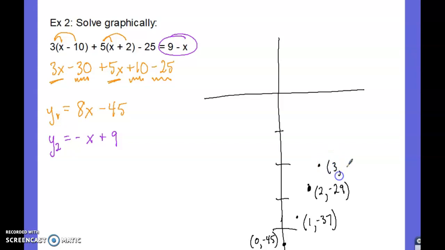So up 8 over 1. Up 8 over 1. Adding 8 to that is negative 13. Up 8 over 1. Negative 5. Adding 8 to that puts me at 3. I really hope that this is probably going to be the answer. 5 gets me back to 0, and I need 3 more.